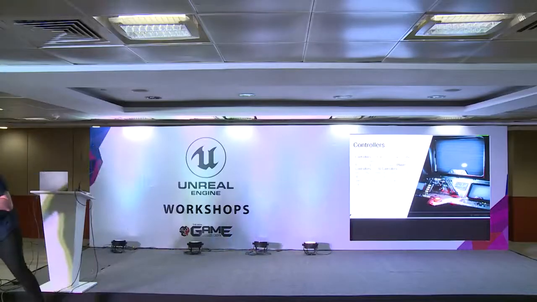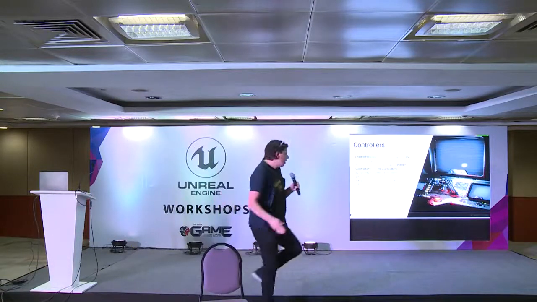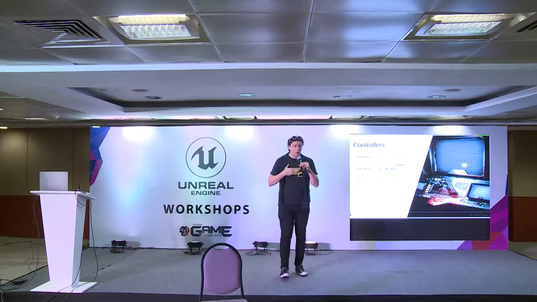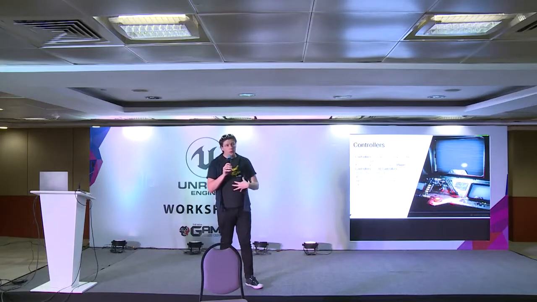So pretend for a second this was a vehicle, okay? As a player, I would be a pawn, and that vehicle would also be a pawn. But we also have another concept known as a controller. You've got to think of a controller as your brain. Your brain is going to be saying to my body, move forward, at which point my pawn, my body, says, all right, I'm moving forward.